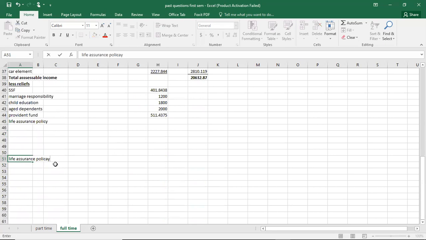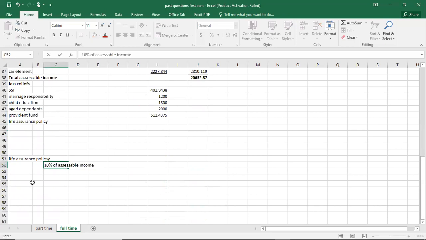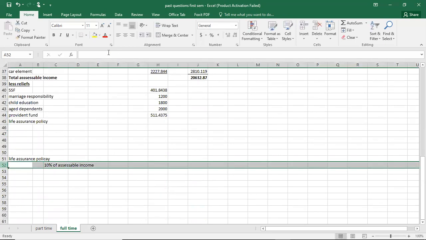So the life assurance policy, you work out 10% of assessable income. The Nigerians will tell you income.